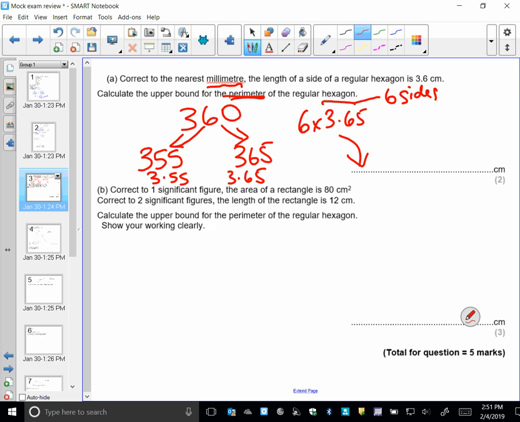Correct to one significant figure, the area of a rectangle is 80 centimetres squared. Correct to two significant figures, the length of the rectangle is 12. Calculate the upper bound for the perimeter of the regular hexagon. It's not really making any sense.